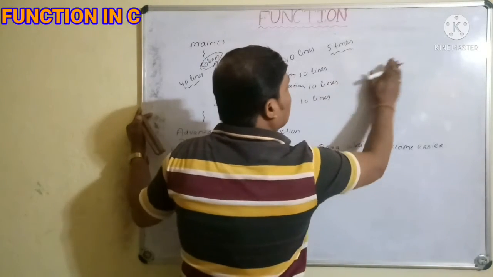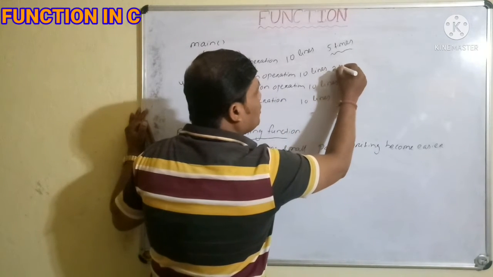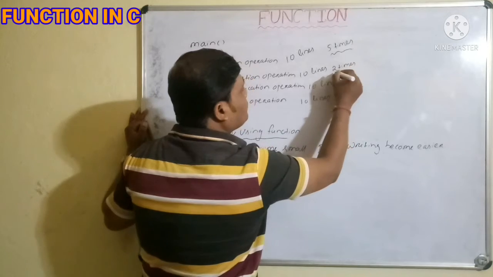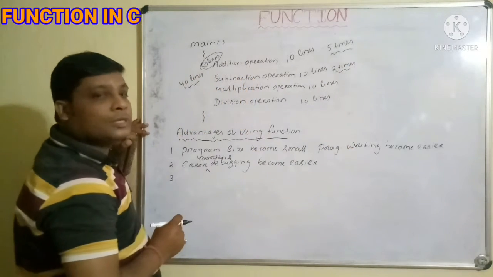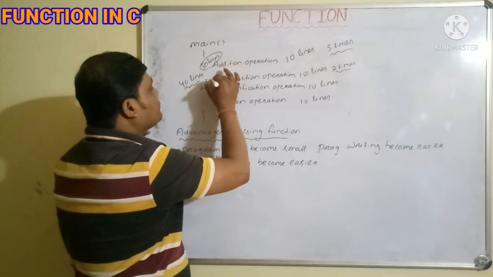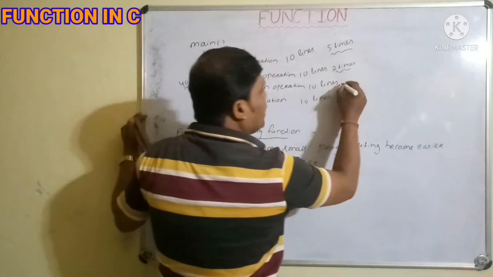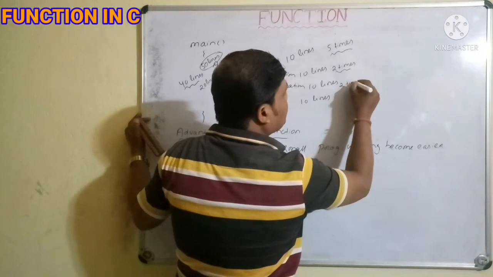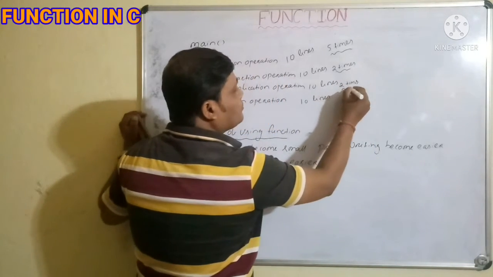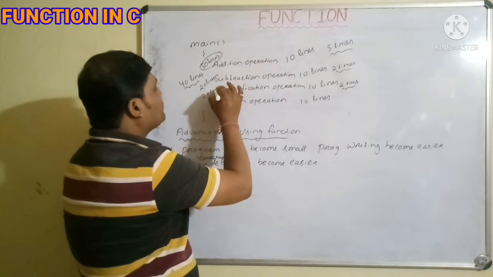Suppose the subtraction operation occurs 2 times. Clear? Then I have to write 20 lines. Suppose multiplication is again 2 times. This will be 20 lines.